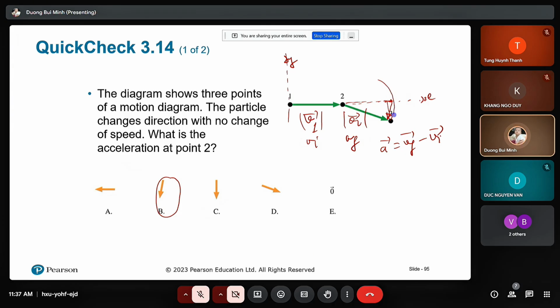This one is circular, right? Because the magnitude of velocity is constant, right? So just skew a little bit, right? Just skew a little bit.